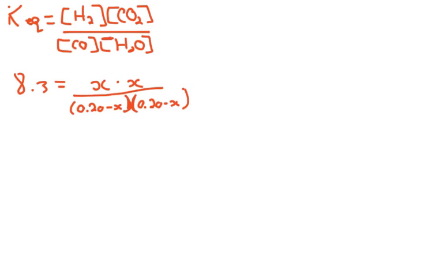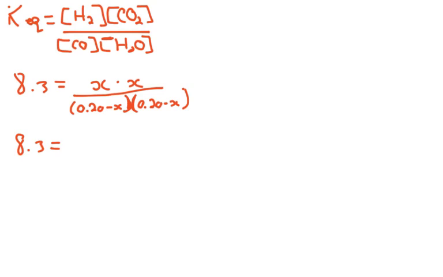And at this point we have just a simple math exercise. Now, instinct might be to put a 1 under the 8.3 and cross multiply. That will work. However, it's going to make the calculations a little bit difficult. So we're going to treat this in a little bit of a different manner, and we're actually going to deal with simplifying the right side first.